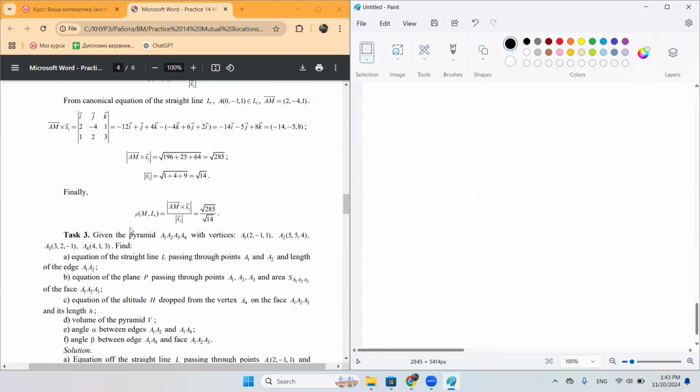So we have, yeah, a lot of things to do as well. We have a pyramid with the coordinates of vertices, and we need to solve some tasks related to this pyramid.